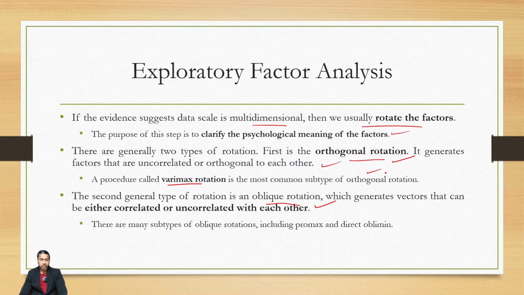Within oblique rotation, there are many subtypes, including Promax and direct oblique. Generally, a researcher should use oblique rotations as the preferred type, because they give the freedom for the dimensions to be either correlated or uncorrelated based upon the actual data collected. Let the data speak. That is our point.